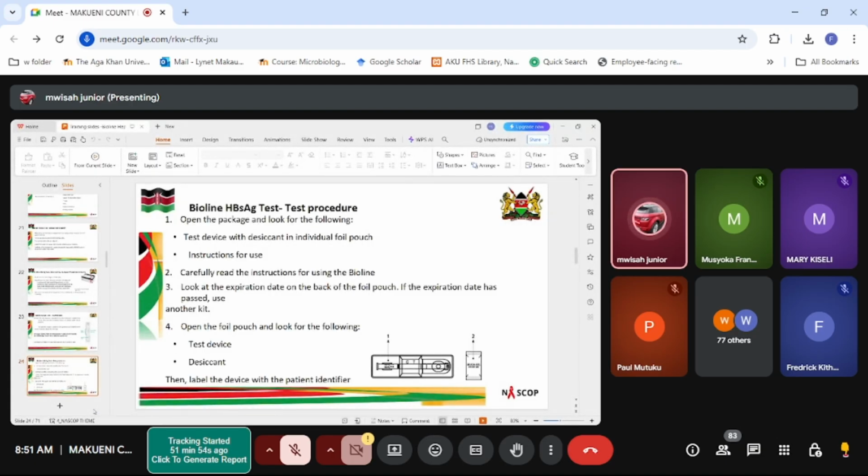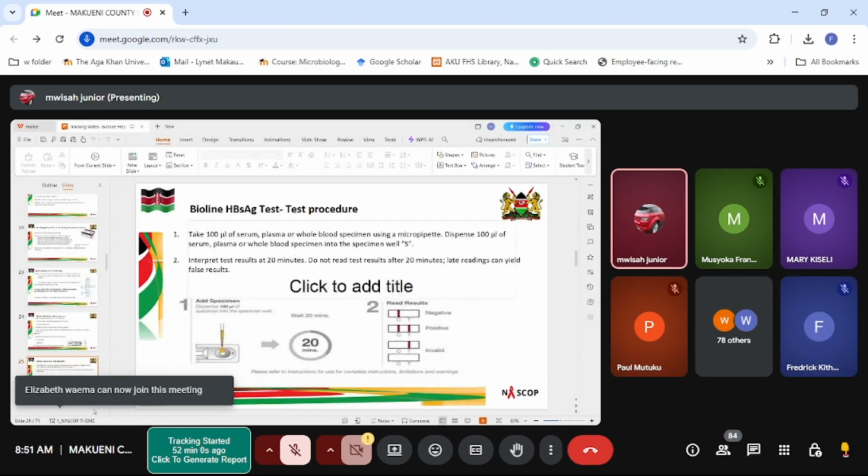Open the foil pouch and look for the test device and the desiccant, then label the device with the patient identifier. Take 100 microliters of serum, plasma, or blood specimen using a micropipette. Dispense 100 microliters of serum, plasma, or whole blood specimen into the specimen well labeled S.